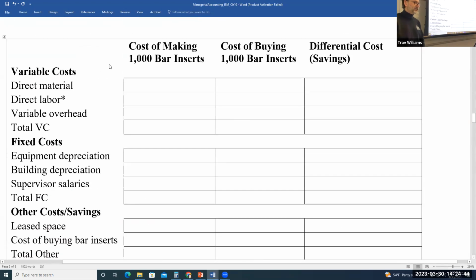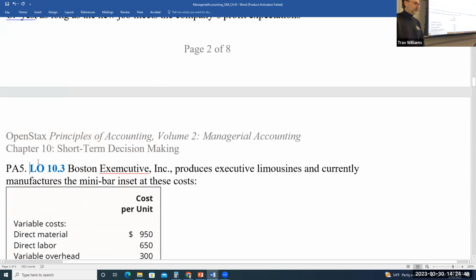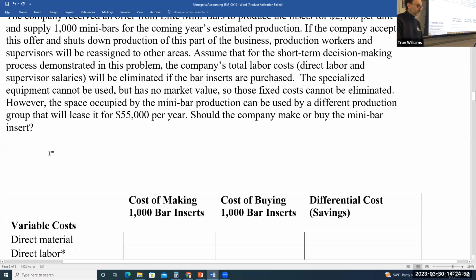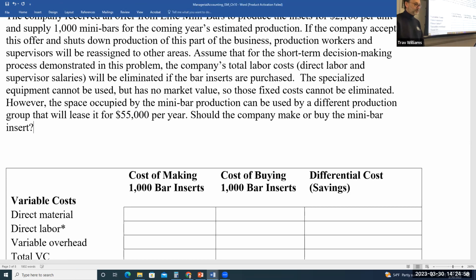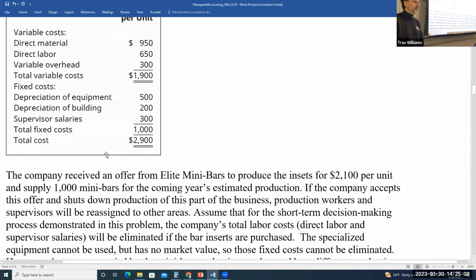This one looks scary. It's really not too bad. Just try to get it to fit a little better.